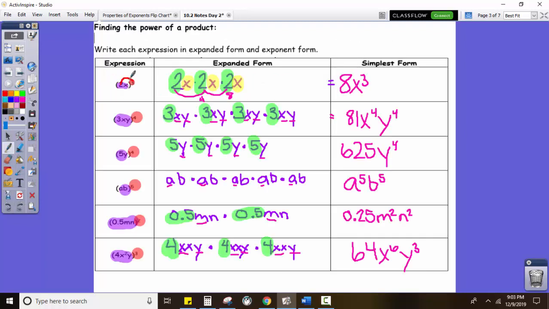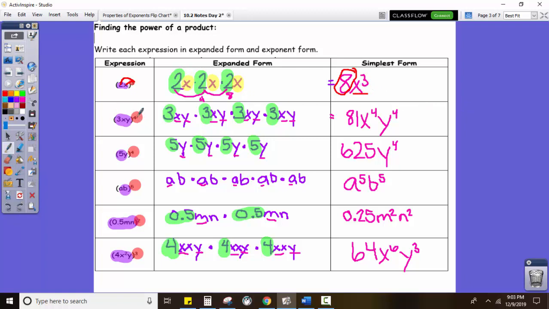So if I go back and look at this first example, I had 2x to the 3rd power. So I'm going to distribute this 3rd power to both of these factors, the 2 and the x. So 2 to the 3rd is actually 8. That's where the 8 came from. And then I distribute the 3 to the x, which would be x to the 3rd, which is the second part of this expression here.